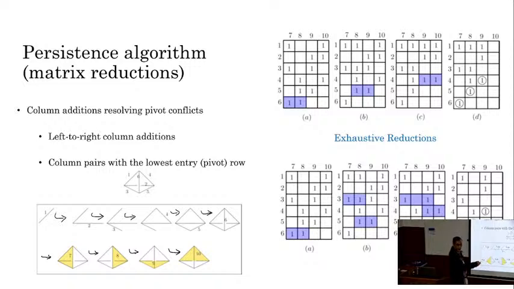This is called the boundary matrix. Why is it called the boundary matrix? For every column, for example triangle 7, the entries in the column are exactly its boundary edges. Triangle 7's boundary edges are 1, 3, 6, and exactly it has 1 in rows 1, 3 and 6.